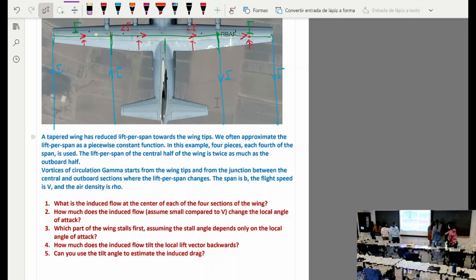Okay, so this one gets lowered by more. Yeah. So that means this one has a higher angle, so it's going to stall. Yeah. Oh, okay, I forgot what stall meant.